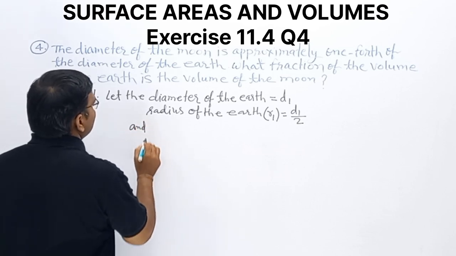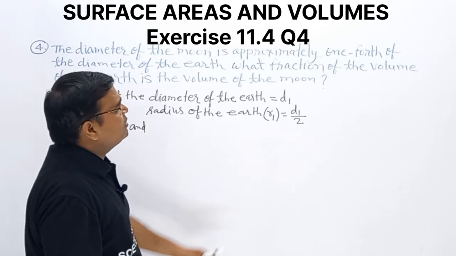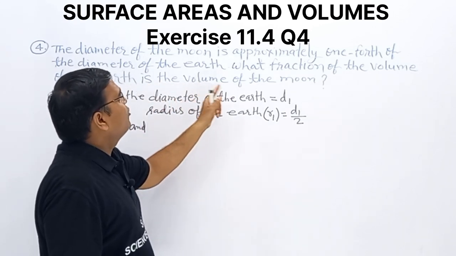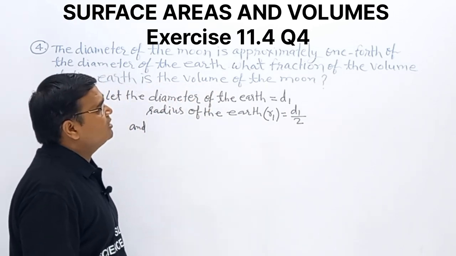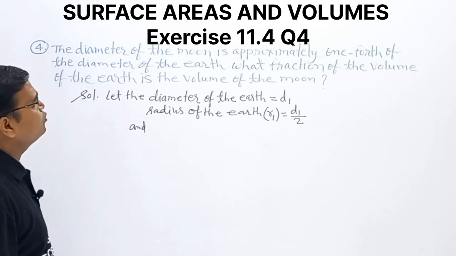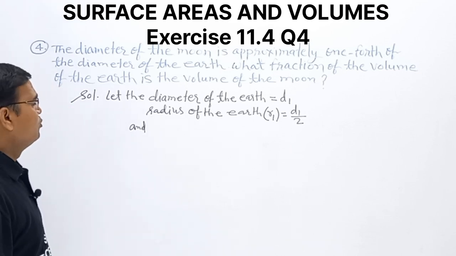And what fraction of the volume of the earth is the volume of the moon? We want the fraction, the ratio of the volume of the earth to the volume of the moon.